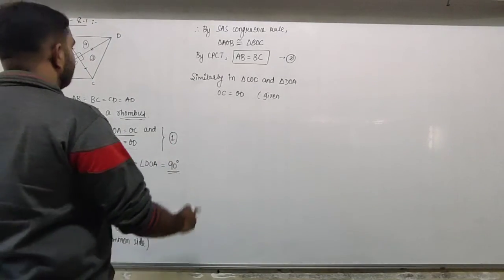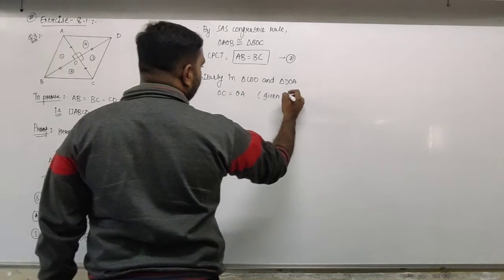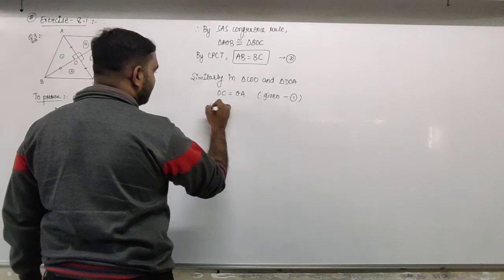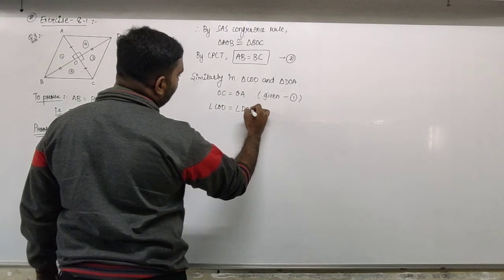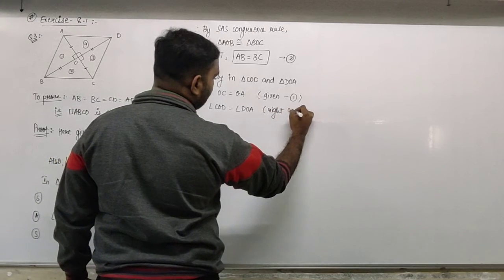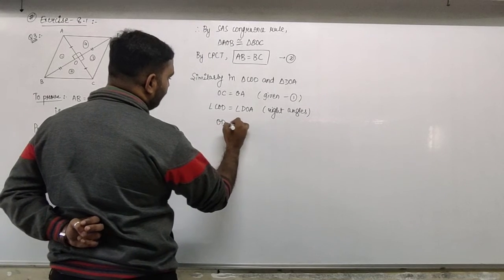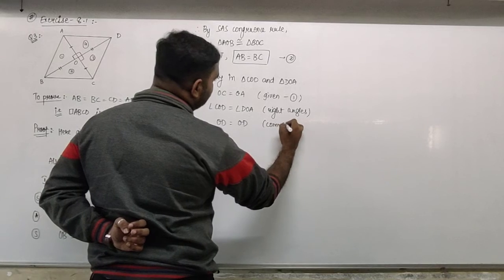Sorry, not OC equals to OD, OC equals to OA. OC equals to OA by given number 1. Angle COD is equals to angle DOA. They are right angles. And again, OD is equals to OD. That is the common side.